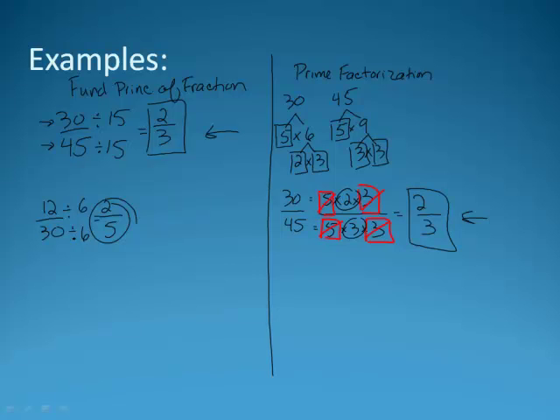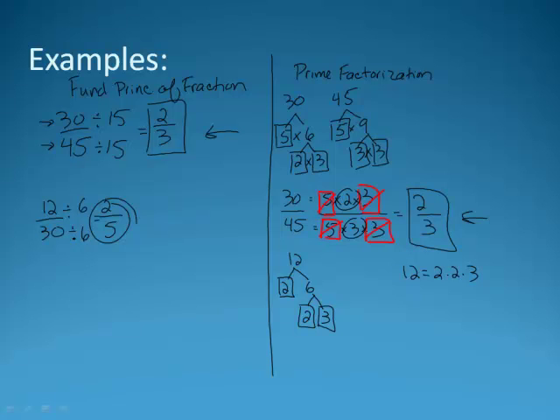Using the prime factorization method, if we take 12 and we break it down into prime factors, 12 is 2 times 6. 2 is prime, but 6 is not. 6 will break down to 2 times 3. Both of those are prime numbers. So we've got 12 is equal to 2 times 2 times 3.